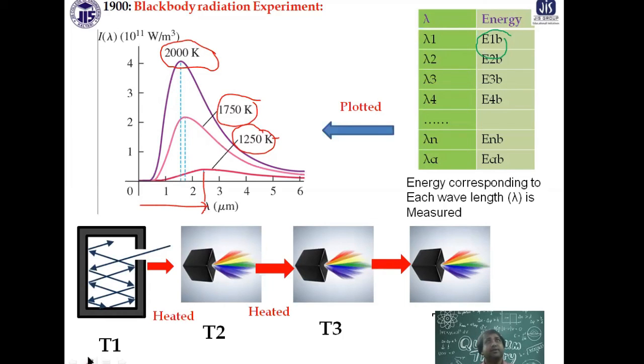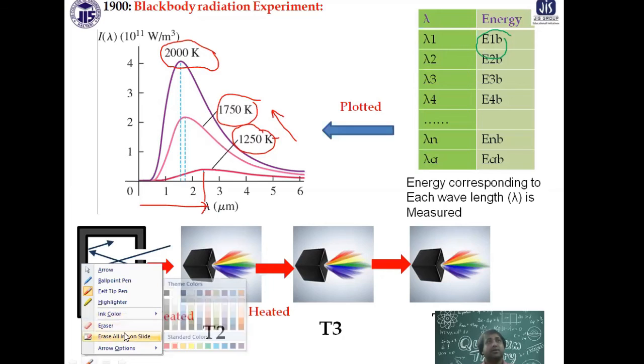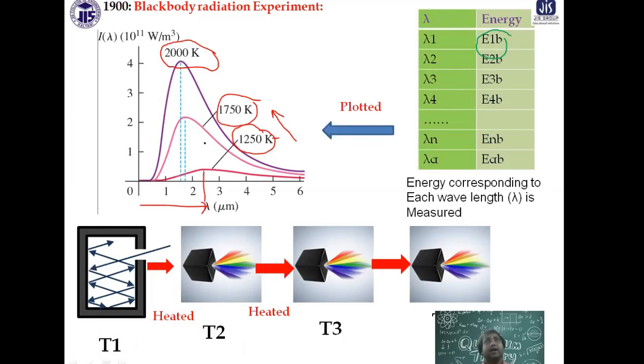Now if I increase the temperature from 1250 to 1750, at a higher temperature this is the value of the lambda maxima. In case 2, this is the value of the lambda maxima. So the value of the lambda maxima is actually going down as you go up in the temperature scale.